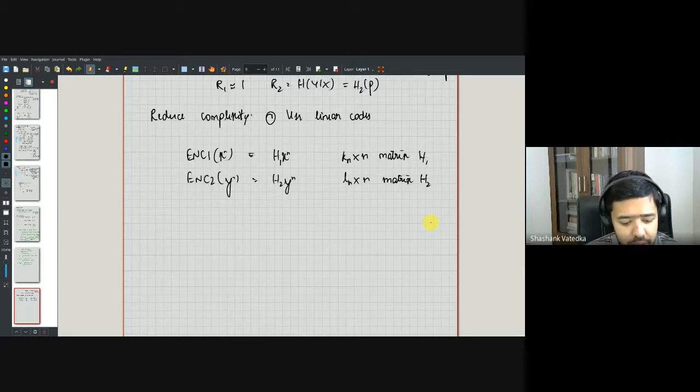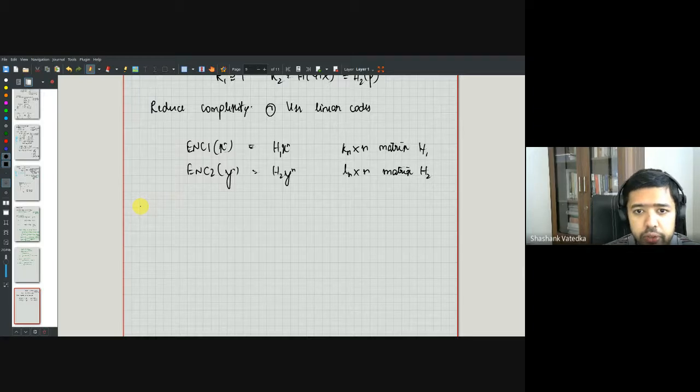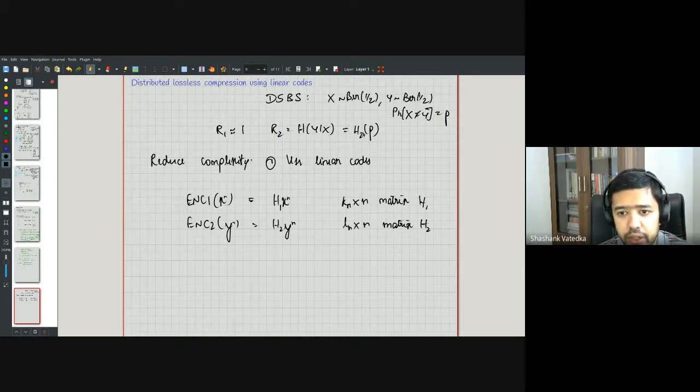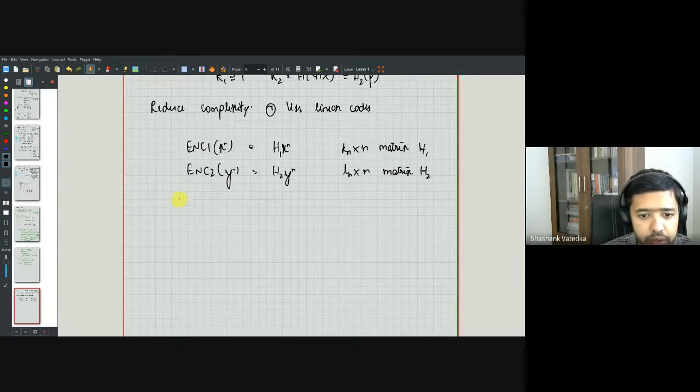The decoder does something a little more complicated, but let's see what the general approach is. Right now we're operating at this particular rate pair. Let's say R1 is equal to 1, and R2 equal to H2 of p. Right. So then what would be the dimensions of H1?